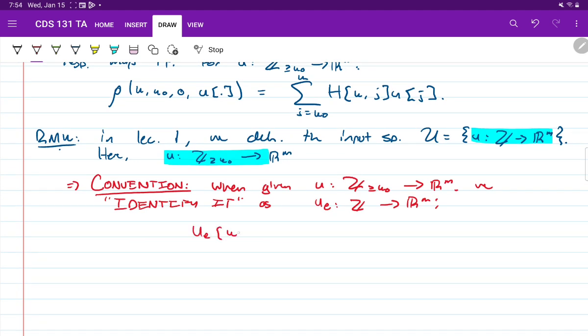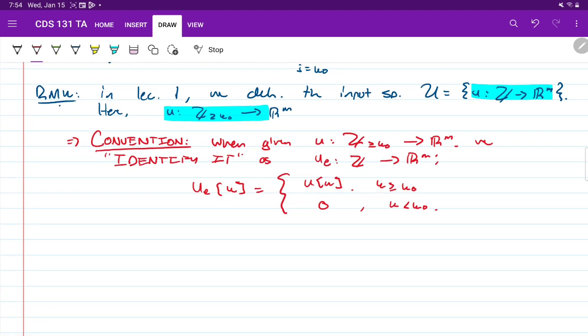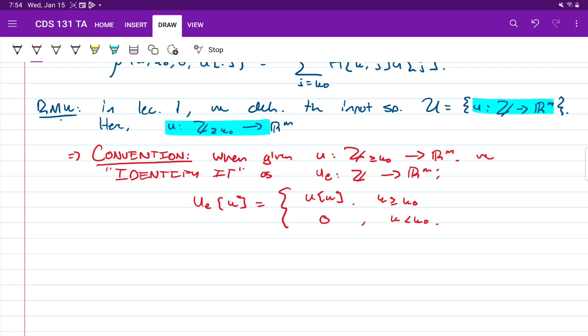U extended at K is equal to U at K if K is greater than or equal to K naught, which is the domain of definition of the original function U, and it is equal to 0 if K is less than K naught, all right? So this is a really harmless identification to make. We're just saying wherever our given signal is not defined, just set it equal to 0, okay?